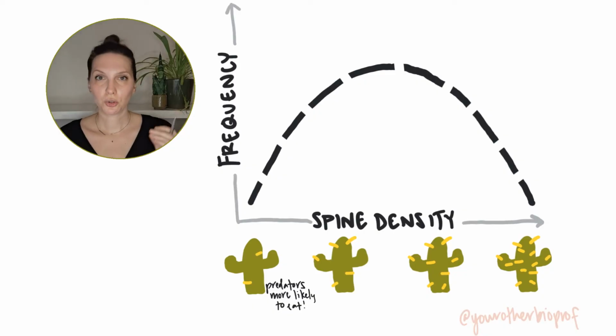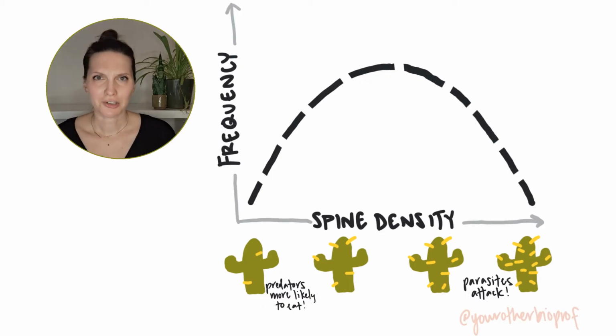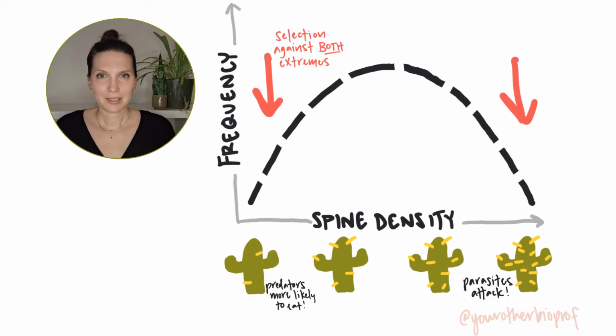If the spines are too dense, parasitic insects like to lay their eggs in the dense spines. When those eggs hatch, the insect larvae consume the cactus. So there's selective pressures against having spines that are too dense and having spines that are not dense enough. So in this environment, having an intermediate density of spines is the most favorable.